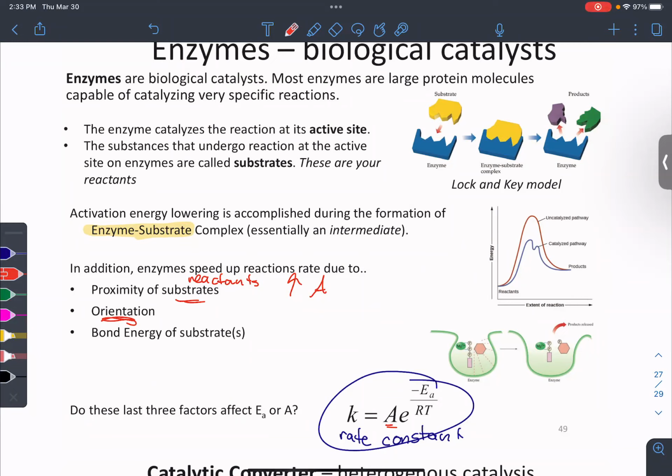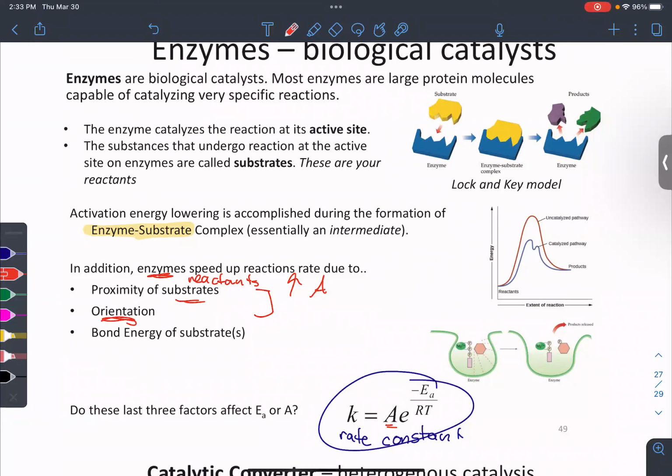The last one is when your enzyme binds to your reactant in biological systems. What that does is weaken a lot of the bonds in the reactant. If you pre-weaken the bonds in your reactant, your substrate, it lowers the activation energy and leads to an easier time getting to our products, a lower activation barrier.